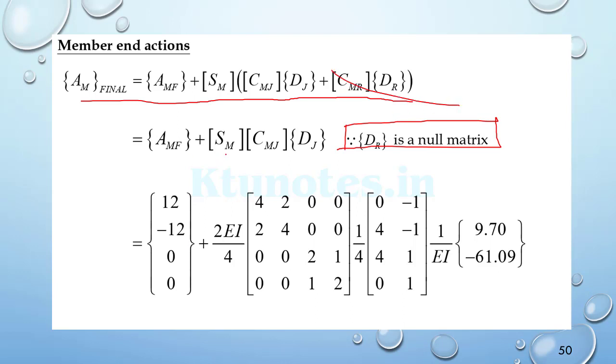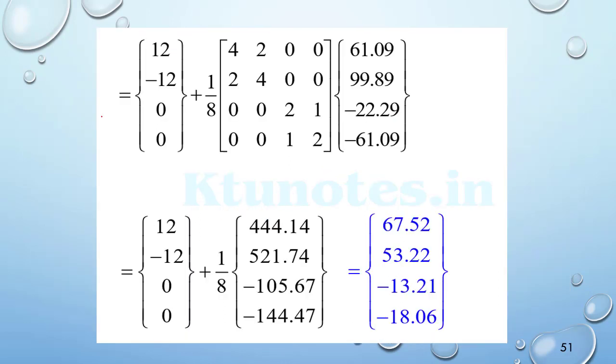So Amf plus Sm into Cmj into Dj is equal to 12, minus 12, 0 plus 2EI by L into 4 2 0 0, where we have the Sm matrix into Cmj into Dj, which will give you the member end actions.